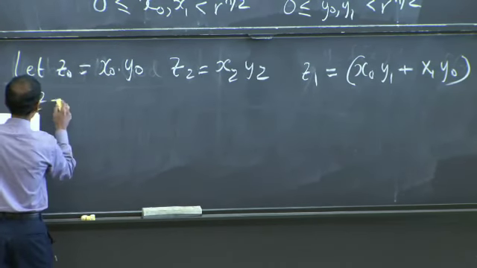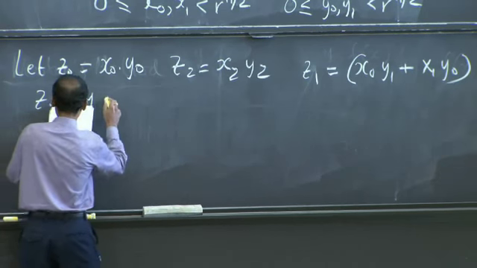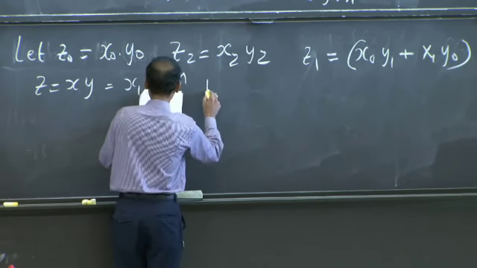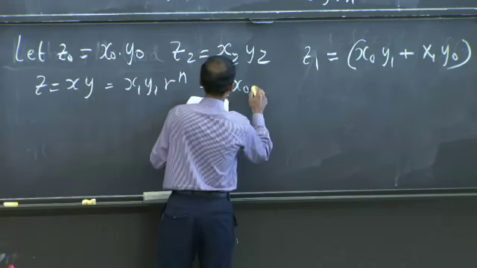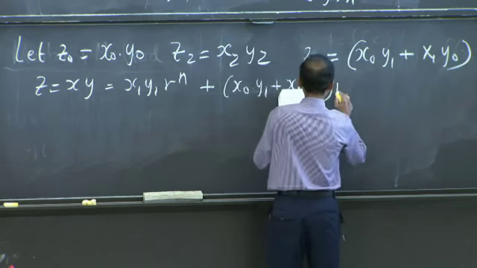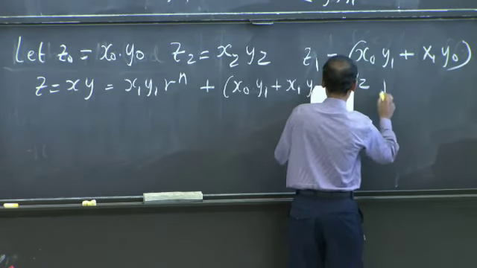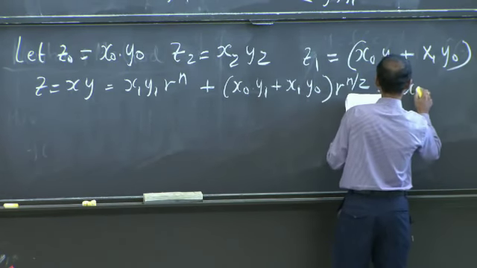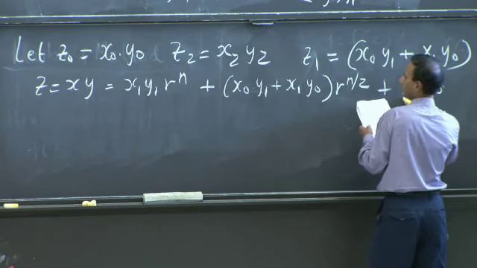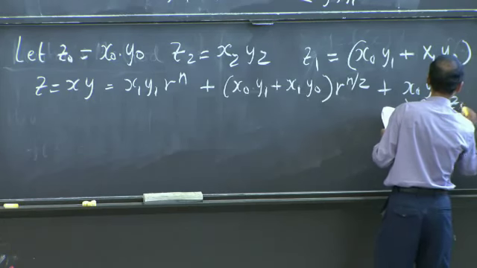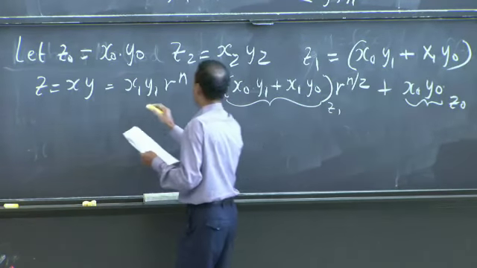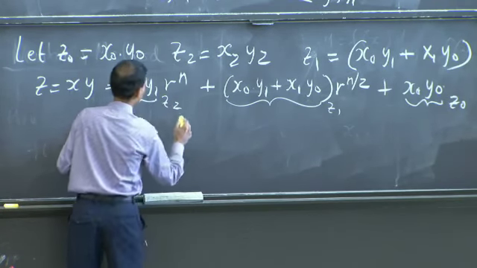Overall, z equals xy equals x1 y1 times r raised to n plus x0 y1 plus x1 y0 times r raised to n over 2 plus x0 y0. This part was z2, this part was z1, and this part was z0.